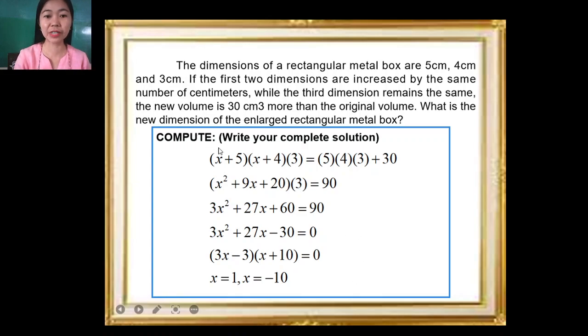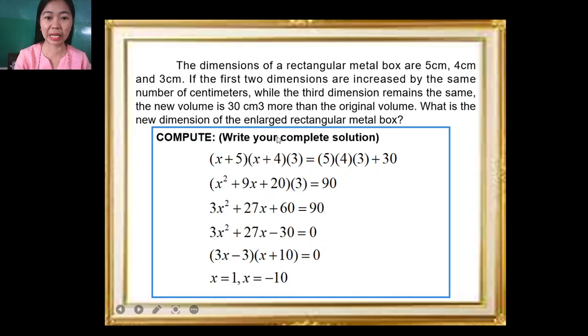So, in the first step, the formula is volume is equal to length times width times height. And as stated in the problem, the new volume, when the first two dimensions are increased by the same number of centimeters and the third remains the same, yung volume niya madadagdagan ng 30 cubic centimeters.